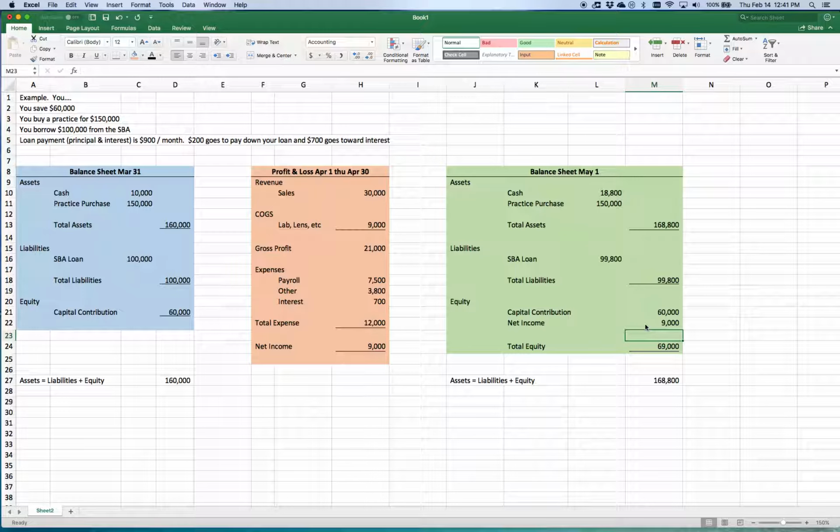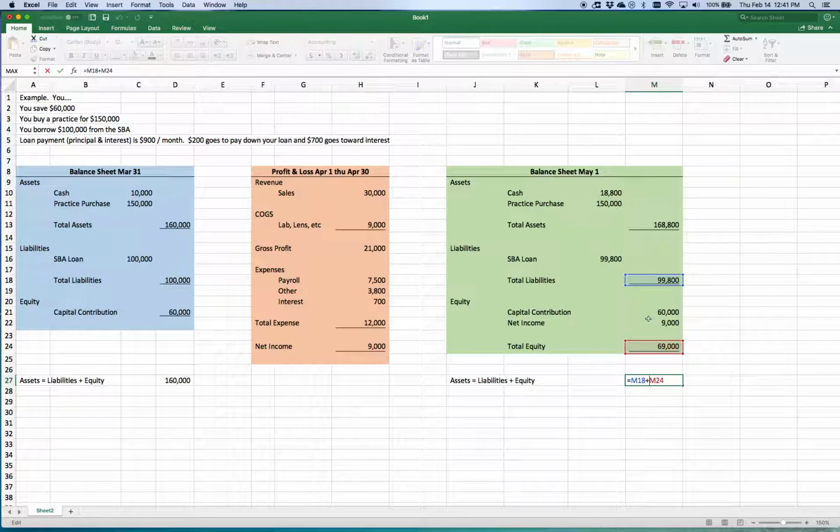Now, this is what the balance sheet looks like on May 1st. You can see that the assets equal the liabilities plus the equity. Here are your liabilities, here is your equity. The total of those two is $168,800. There are your total assets, $168,800.